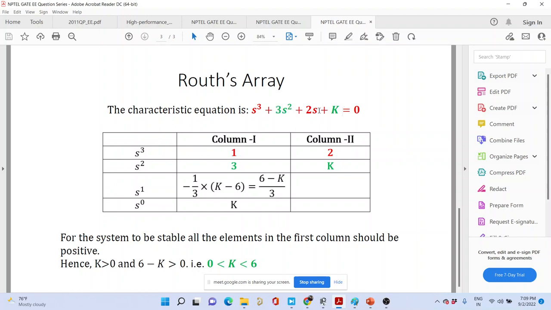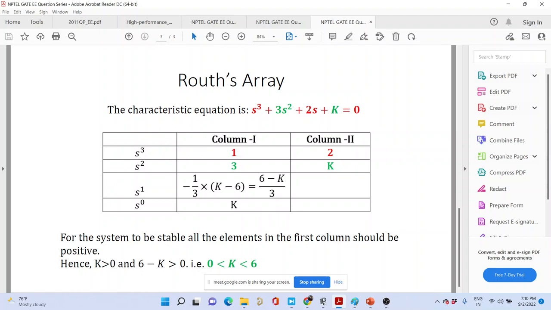They may vary with time, they may vary with temperature. There is uncertainty in these coefficients. You do not know exactly what they are, and in that case Routh array may not be a very good option for determining the stability of the system.